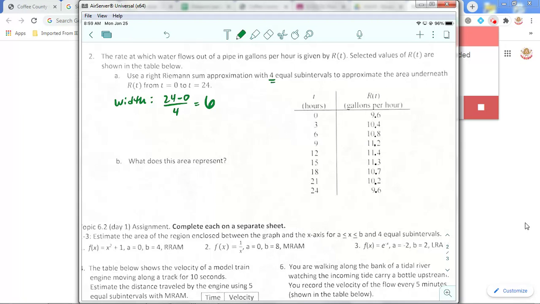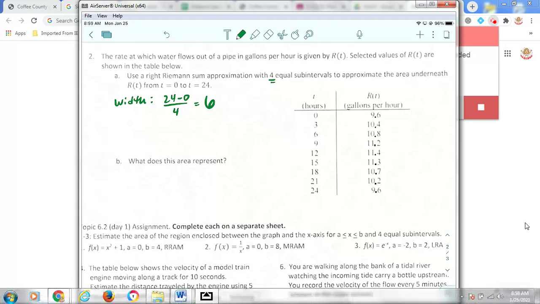If I'm dividing my table into 4 equal subintervals, 6 units long, this would be the first, second, third, fourth. Each of those is 6 units long. I'm going to do the same thing on the other side.